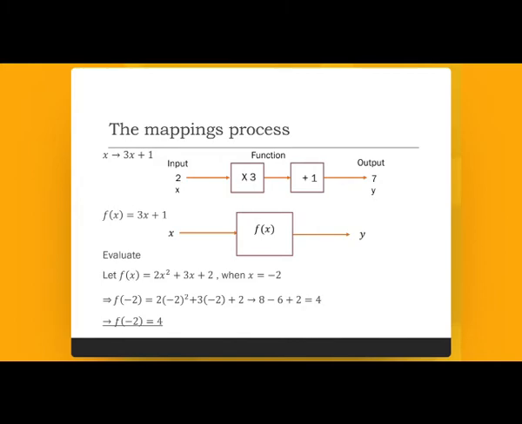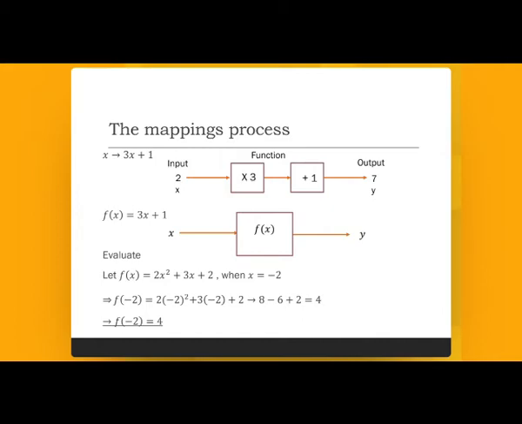For example, when x is 2, 2 is multiplied by 3 and then 1 is added to give 7. This is usually represented in the form of a function, f of x equals 3x plus 1.